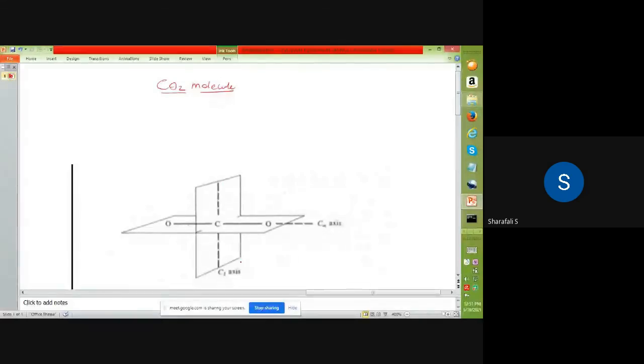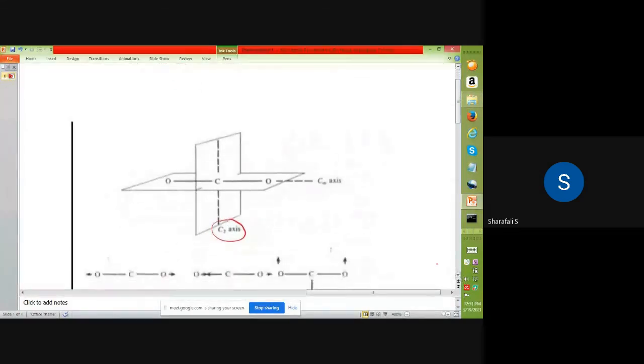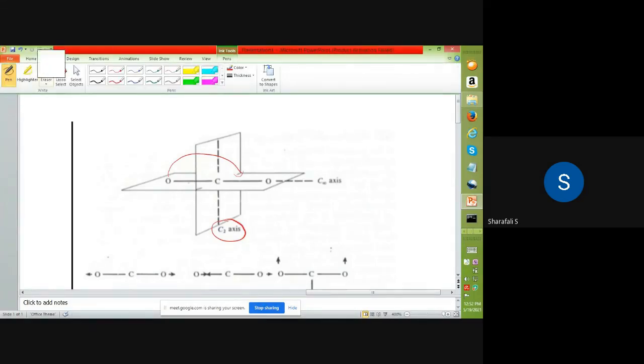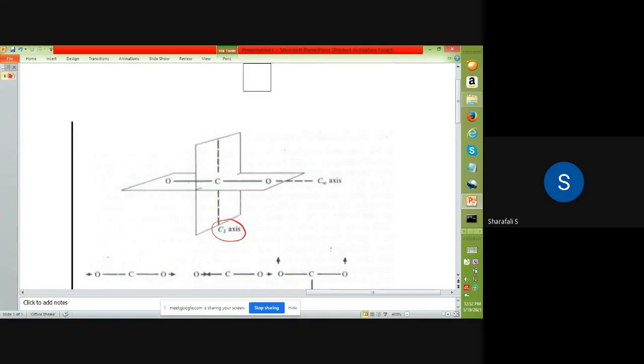One is the C2 axis that we already discussed for the case of H2O. That is the same, because with respect to this axis also, if we rotate this molecule, we can have the same kind of structure.